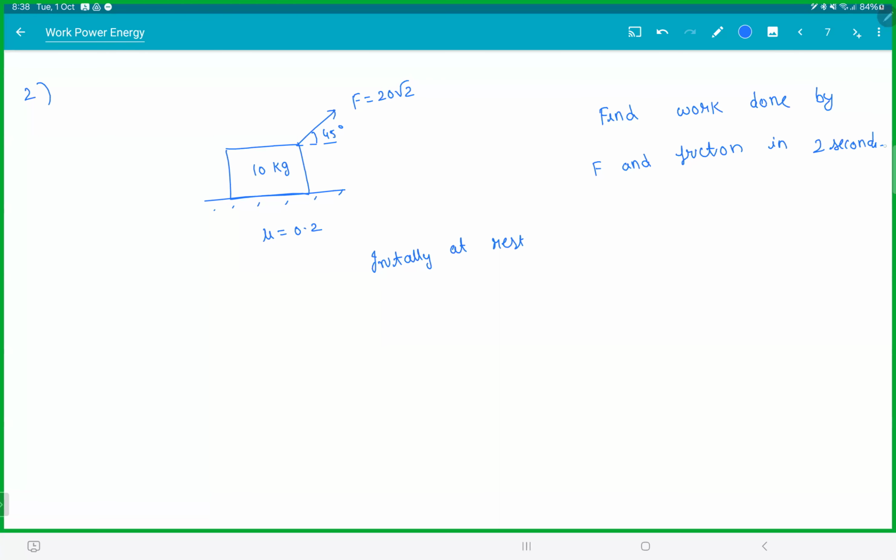There, your NLM is back. You're applying 20 root 2, the block is 10 kg, 45 degrees. I kept a trap also. I kept kinematics also. I brought NLM also. I brought friction also.